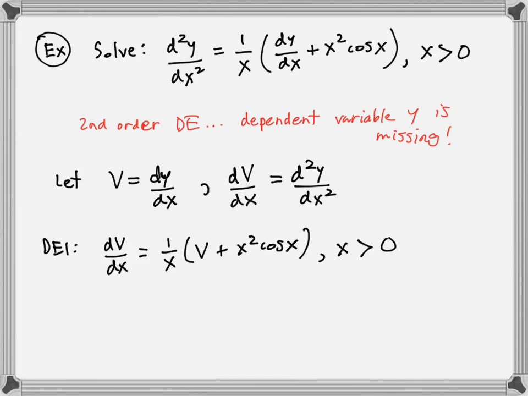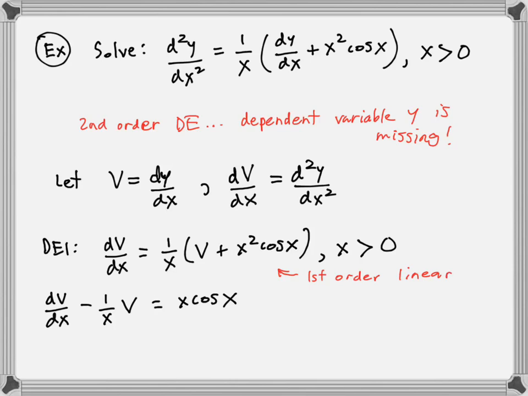Well, looking at this, you should hopefully notice that this is a first order linear, right? So we can actually get it in standard form, okay? So I'm going to subtract the 1 over x times v, and then this is going to equal x squared cosine x, right? This is standard form. Let me write this down too. This is first order linear.